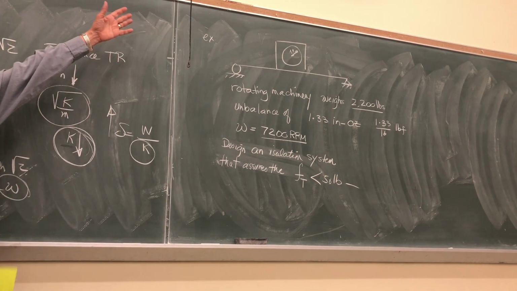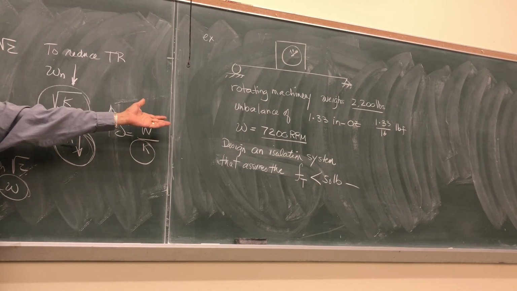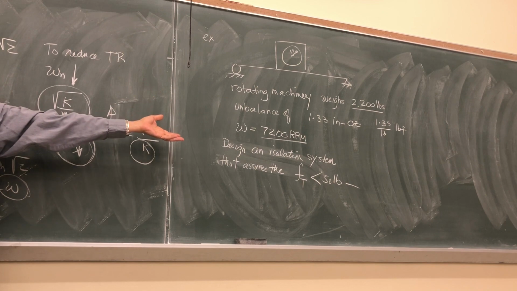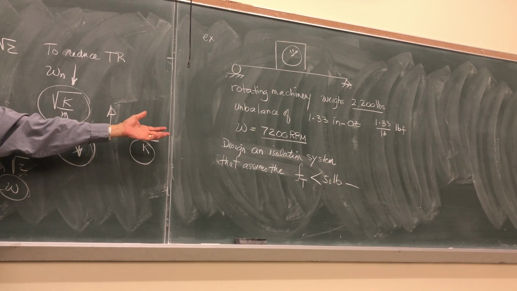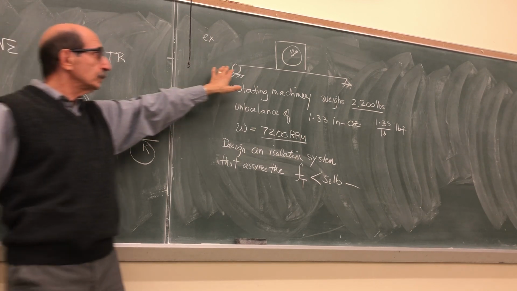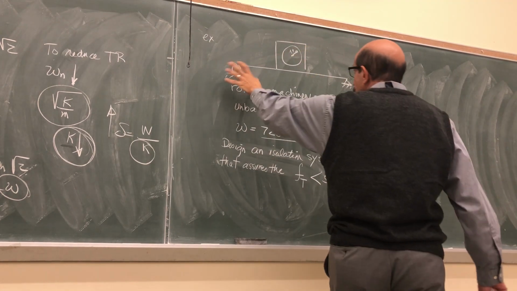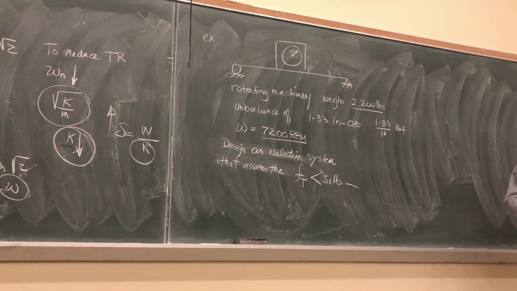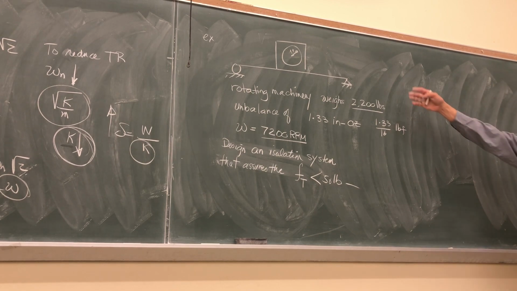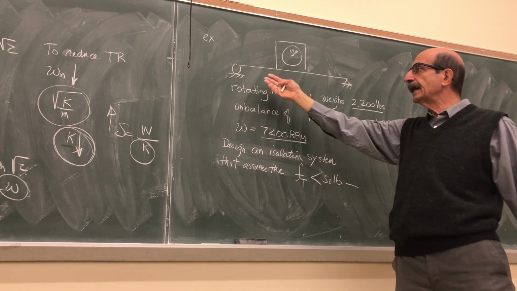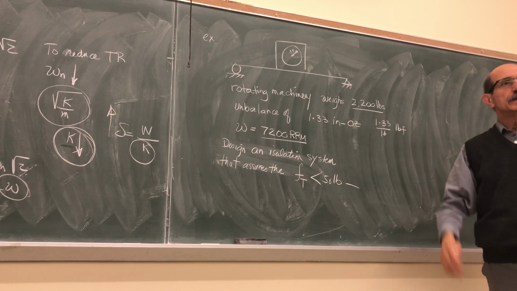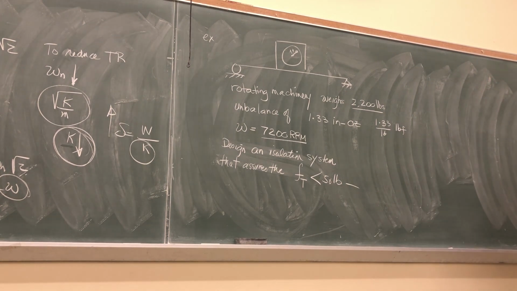You have been given this heavy piece of machinery, it operates at that frequency, has a rotating unbalance, and you are concerned about what kind of beam you need to support this machine, in such a way that this beam cannot handle more than 50-pound force maximum, otherwise its displacement is going to be very large.